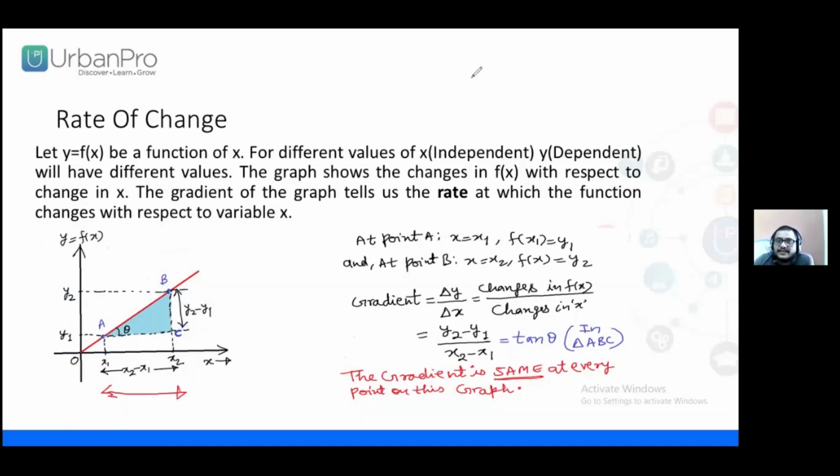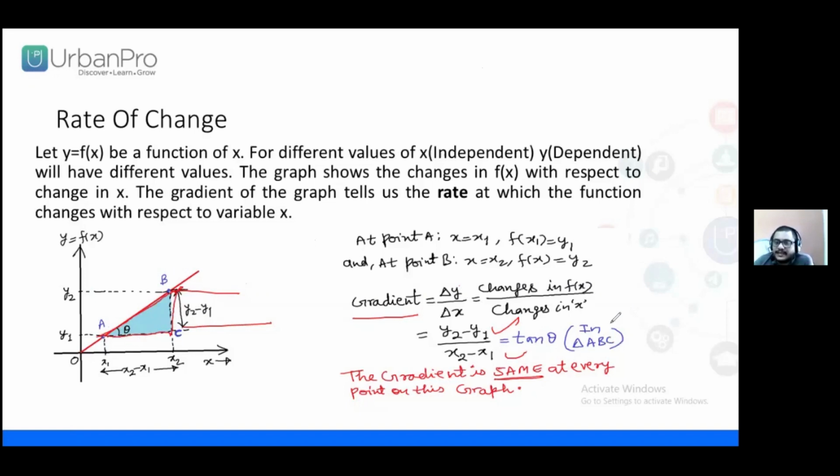So we can find the gradient of this graph. Gradient means rate of change, that is the slope, that is the tangent, tan theta. So we can write gradient equal to change in y upon change in x. So there is a change in the values of the function between two different points A and B, that is y2 minus y1 upon x2 minus x1. So we can consider this triangle ABC, and we can apply trigonometry here, and that is tan theta equal to height upon base.